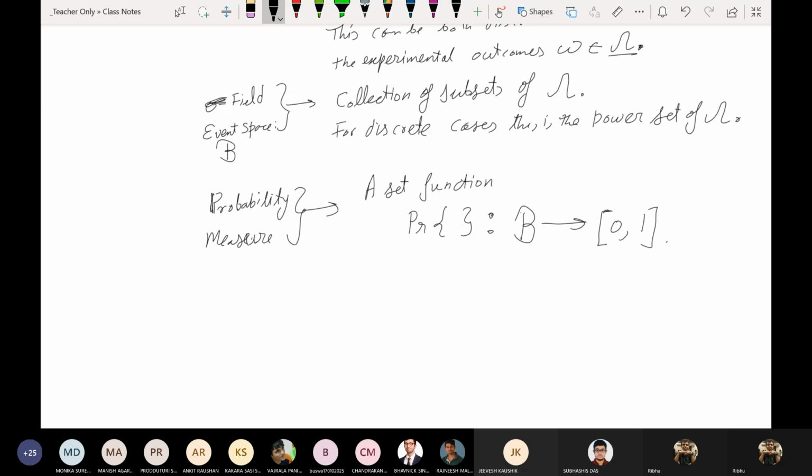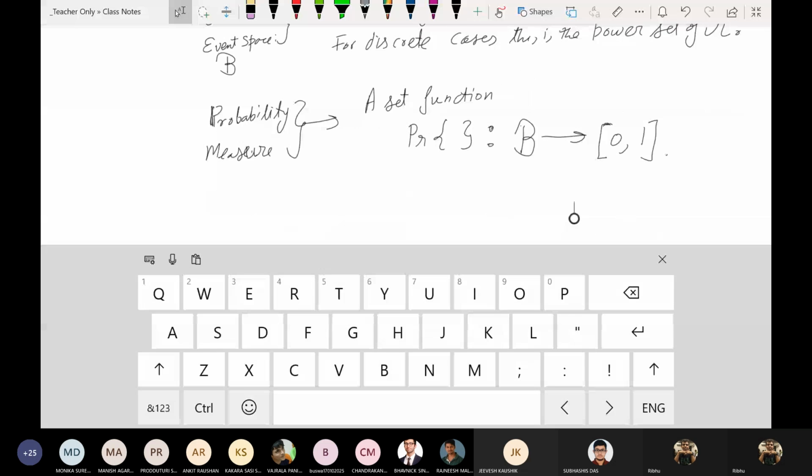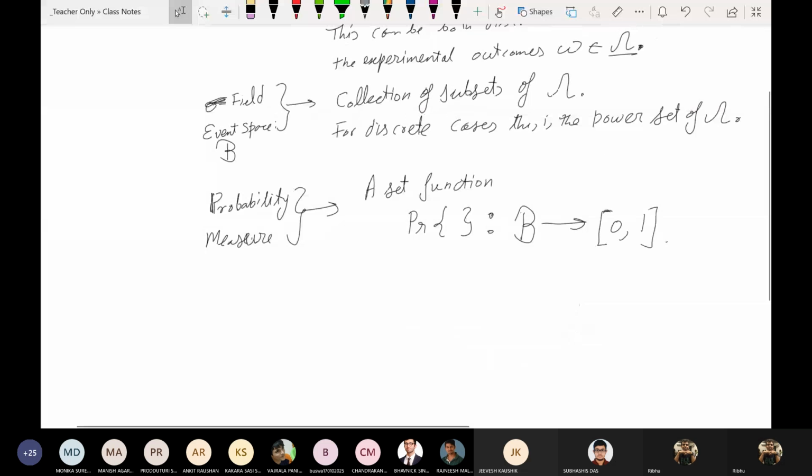Fine. And we had talked about certain properties of this measure, and we had said that this omega, F, P triad is called a probability space.